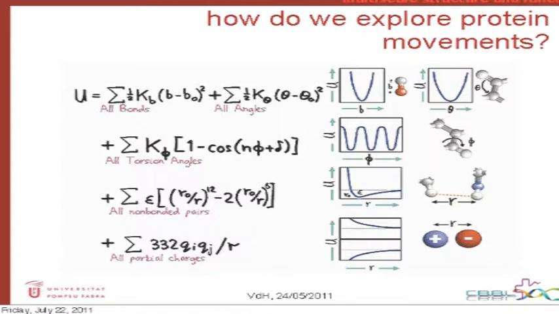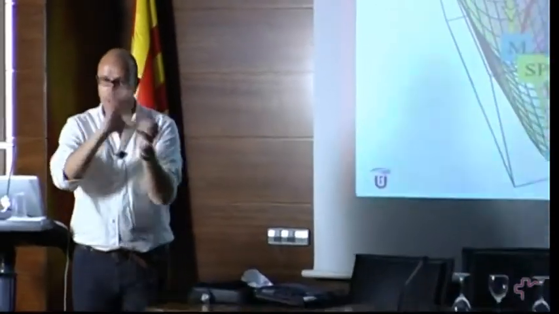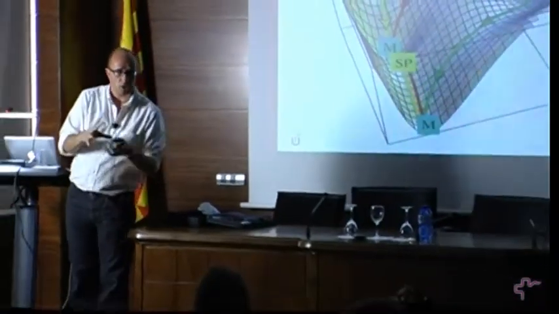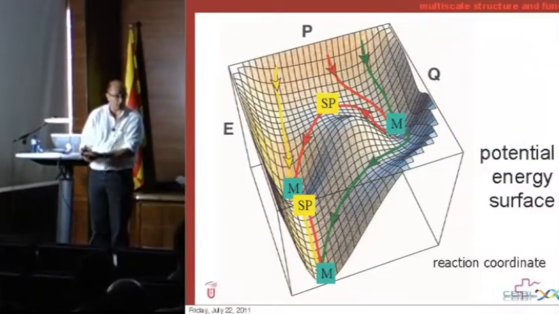Once you have an energy function like this, let's forget about the shape itself. What you basically have is a way to understand the energy of my system with respect to the coordinates that I have. Depending on the conformation of all the atoms in the system, you may have a more energetic structure or a less energetic structure.